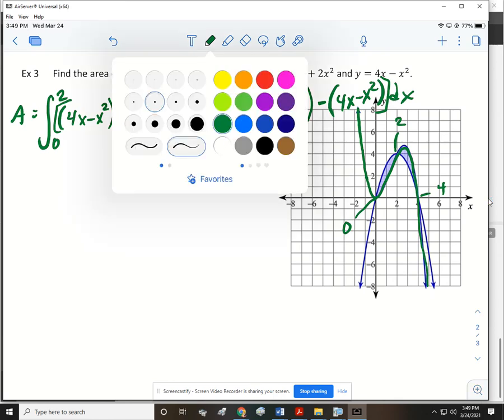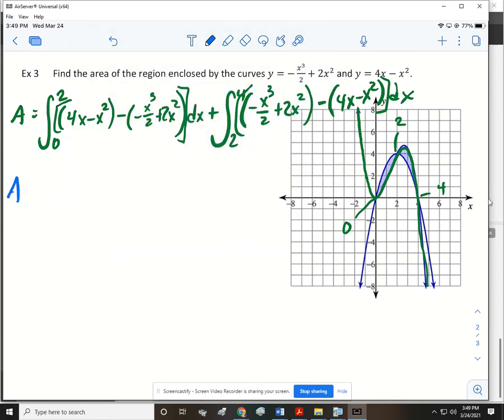Ooh, okay, so we have some algebra to do before we start trying to integrate. So I'm going to distribute that negative, and then I'm going to combine like terms.